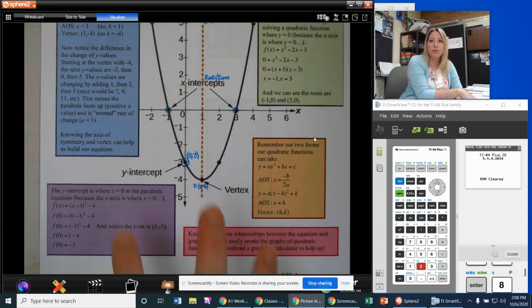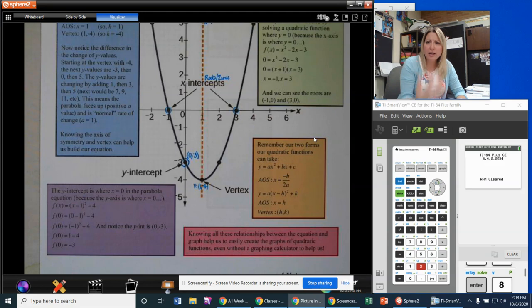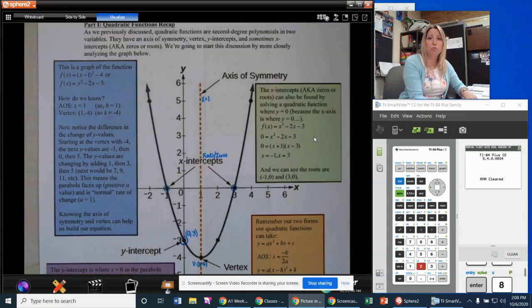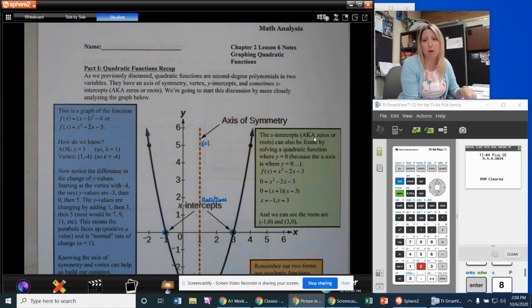Do I know all this stuff? Sure. And do I use it to graph? Absolutely, because it really is faster than plugging it into my graphing calculator when you know it. But you always have the graphing calculator available, so you do not have to have these things memorized.